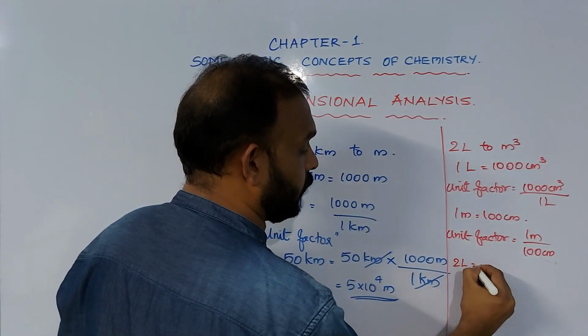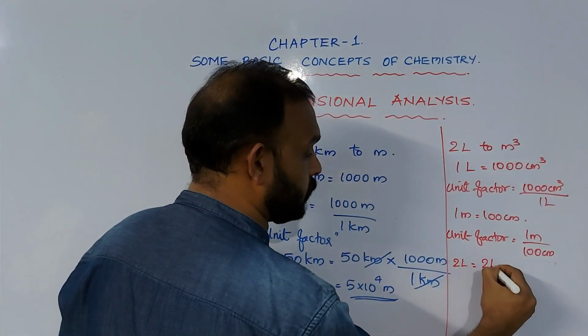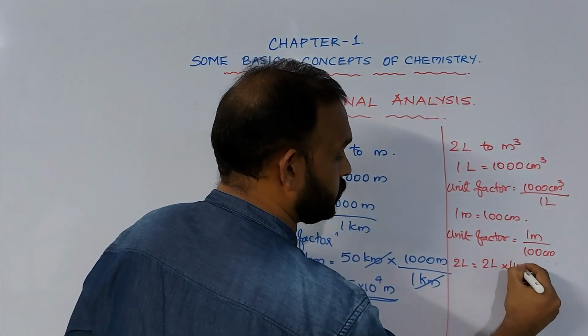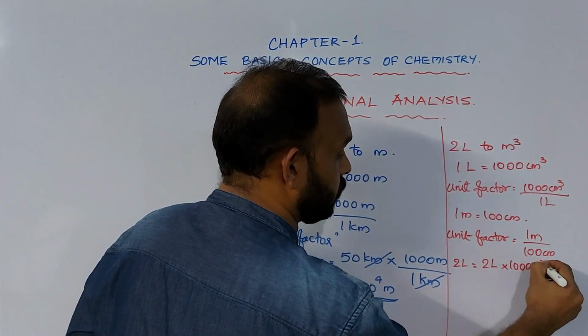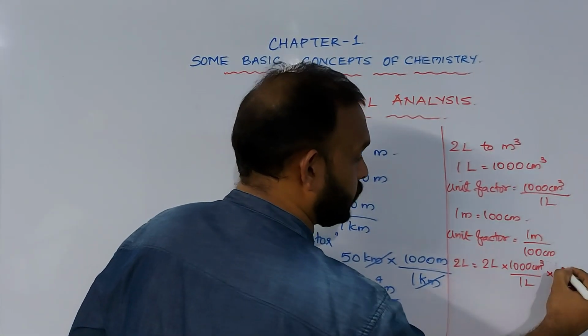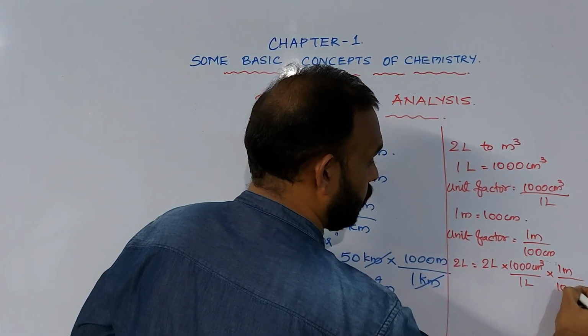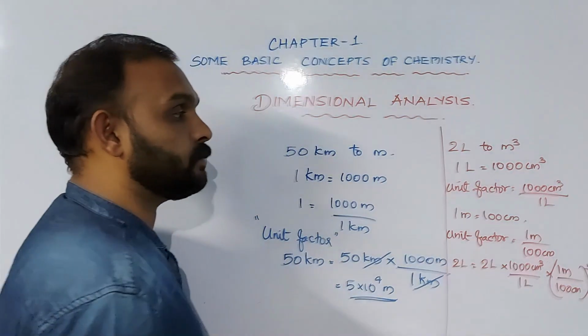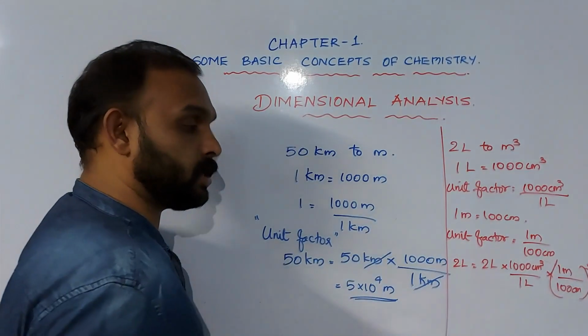So 2 liter equals 2 liter into the first unit factor, that is 1000 centimeter cube upon 1 liter, into the next unit factor 1 meter upon 100 centimeter, the whole cube, because we have to convert 2 liter to meter cube.